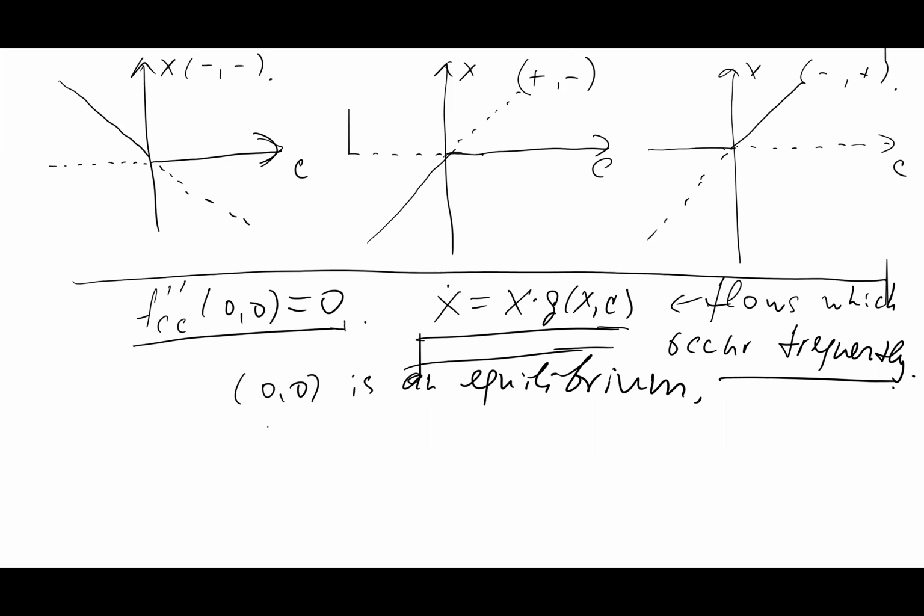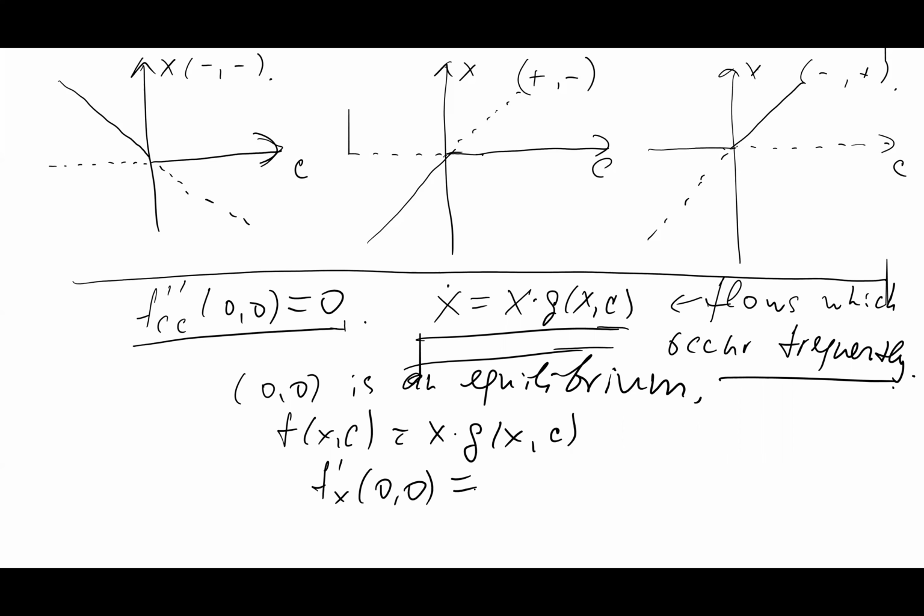Let's consider, so what we have here, f of x, c is x times g of x, c. Let's consider the derivative of f over x at 0, 0.